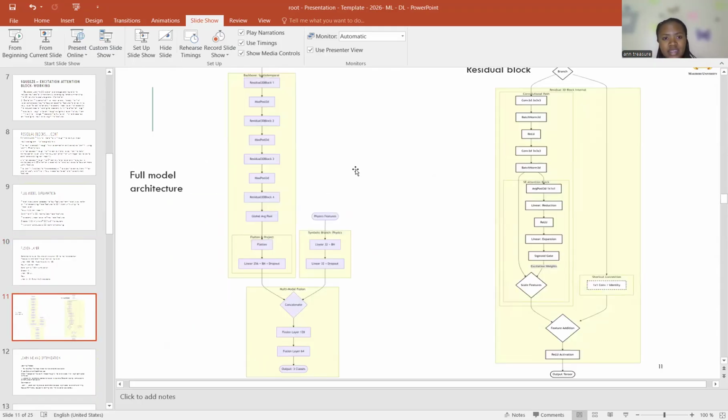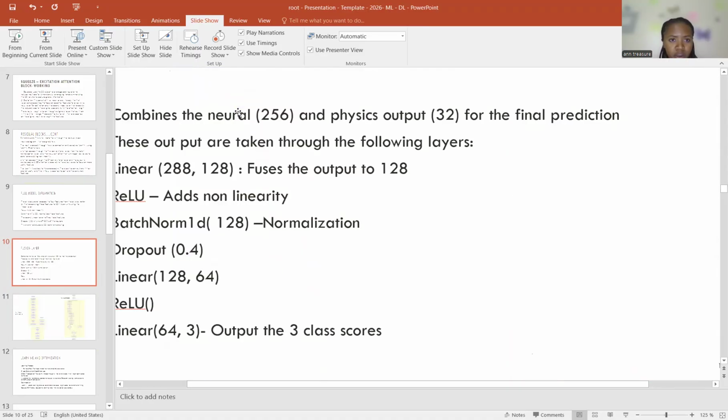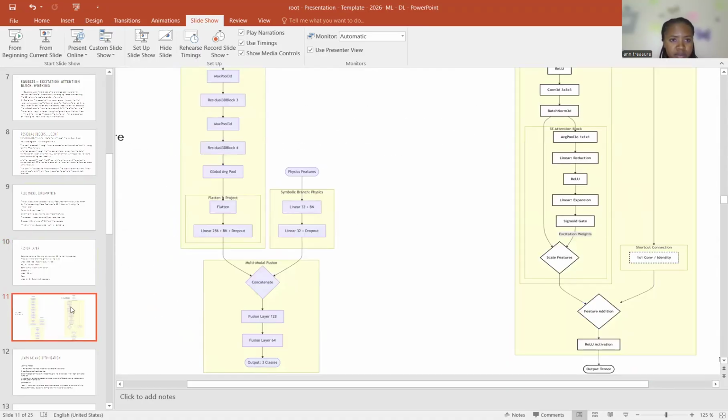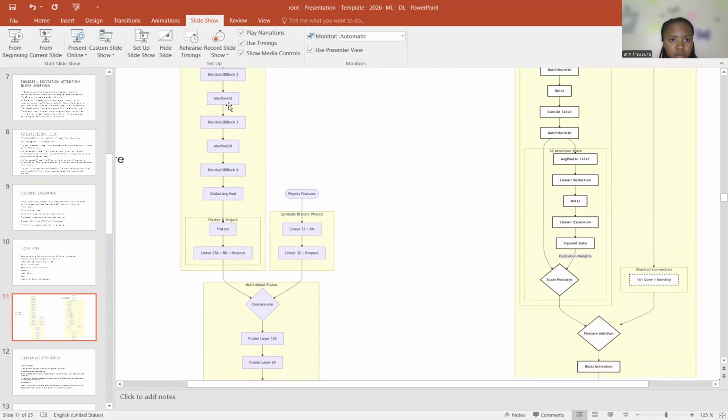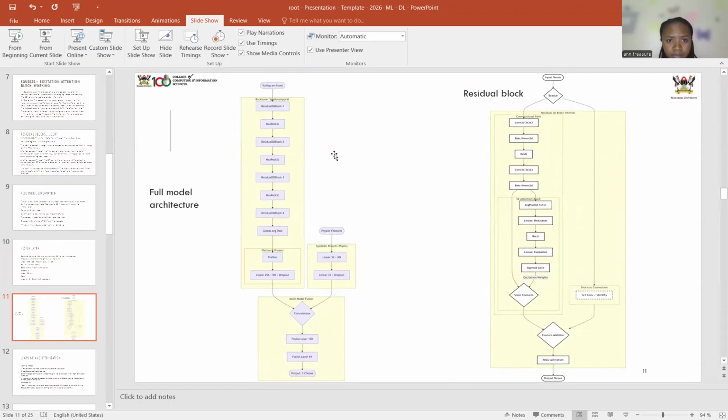So this is the example of the architecture. As you can see, we have the scalogram input here, and then it goes through each of these blocks, the 4 residual blocks, then goes to the average pooling, then it's flattened.